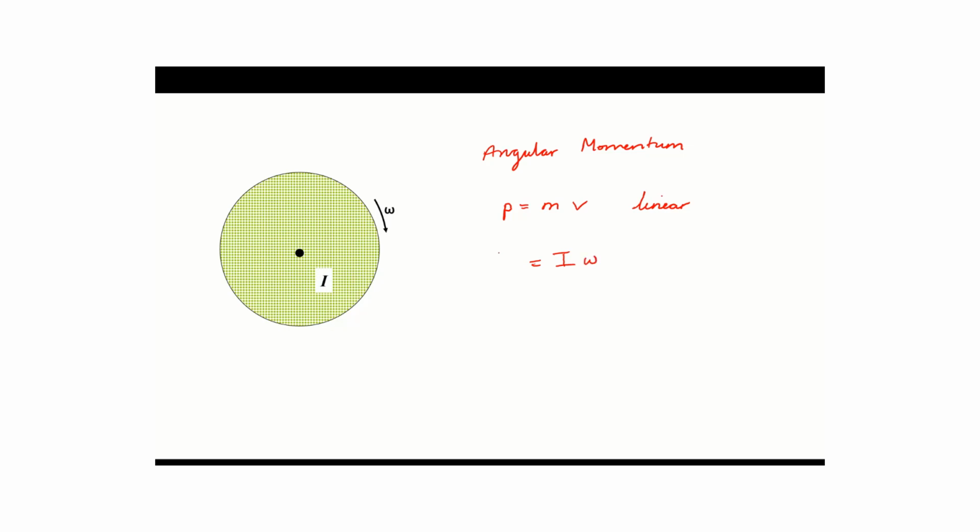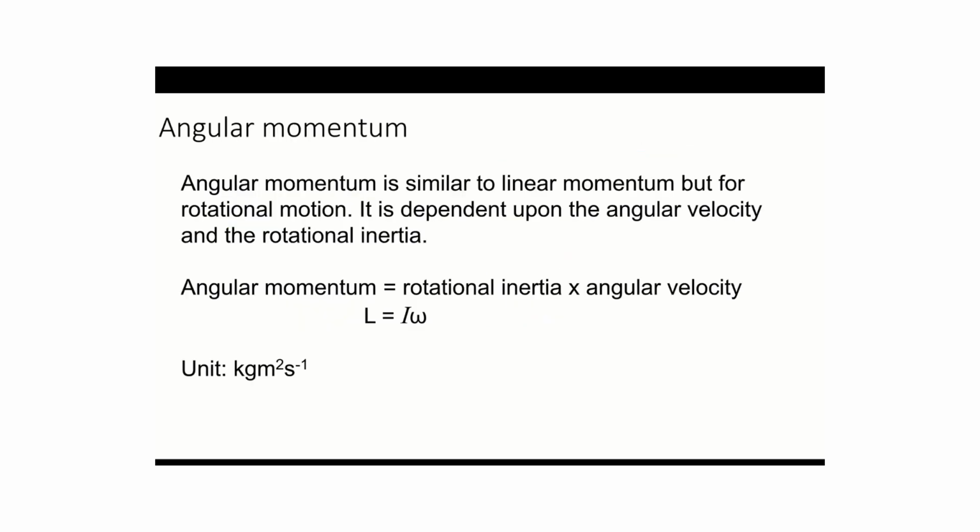And we use the symbol L for angular momentum. That equals I omega for a rotating body.